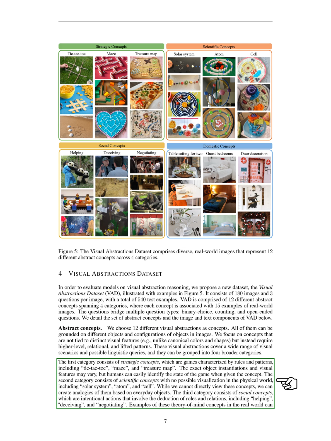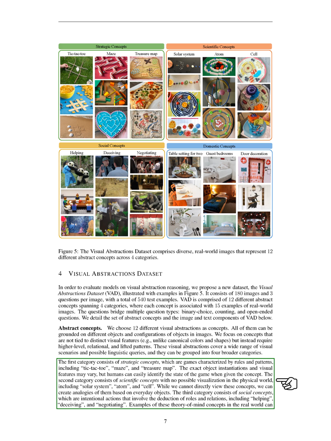The first category includes strategic concepts, which are games defined by rules and patterns, such as tic-tac-toe, maze, and treasure map. The second category features scientific concepts that cannot be visualized in the physical world, like solar system, atom, and cell.